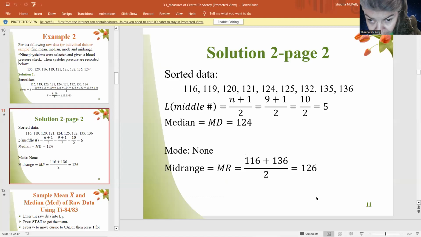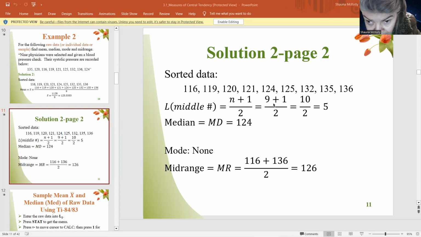So here, now, if you look at the sorted data here, how many data values do we have? Well, if we look at our list here, in this example, we have 1, 2, 3, 4, 5, 6, 7, 8, 9 values. That's odd. So I'm going to add 1. 9 plus 1 is 10 divided by 2. That's 5.